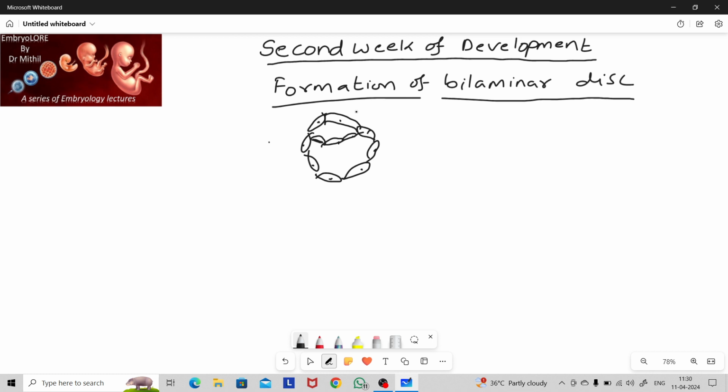Above this is the inner cell mass. Let me draw with a different color. This is the inner cell mass, and here is labeled the trophoblast, the outer layer.